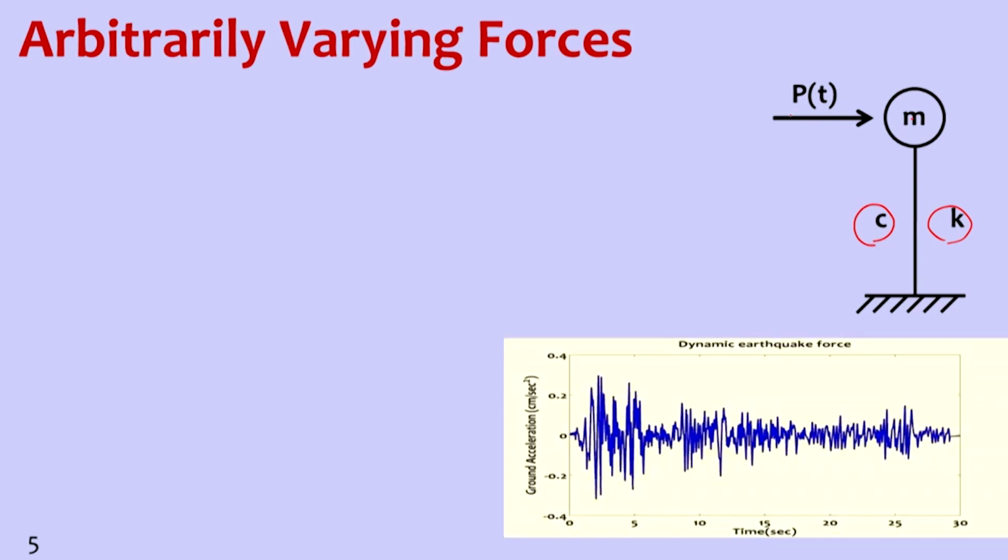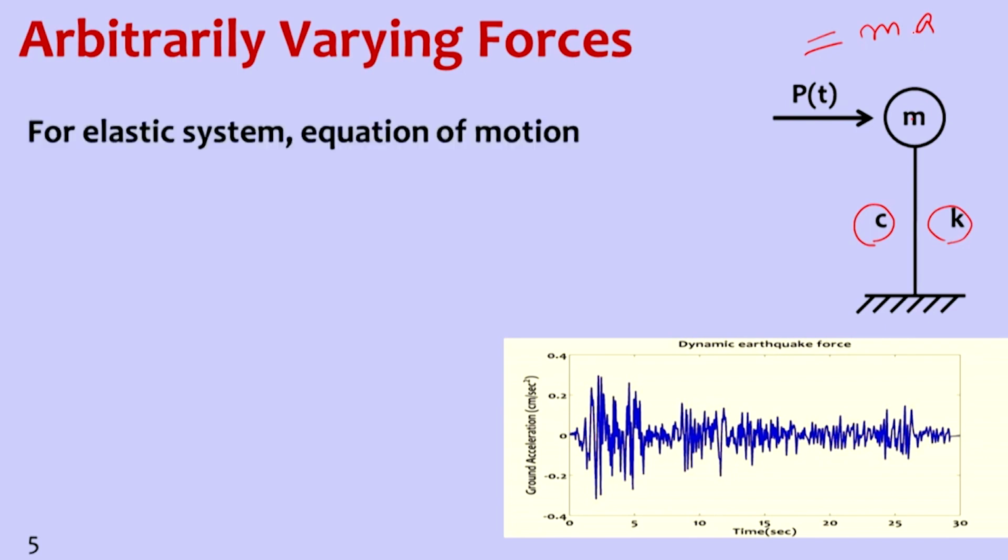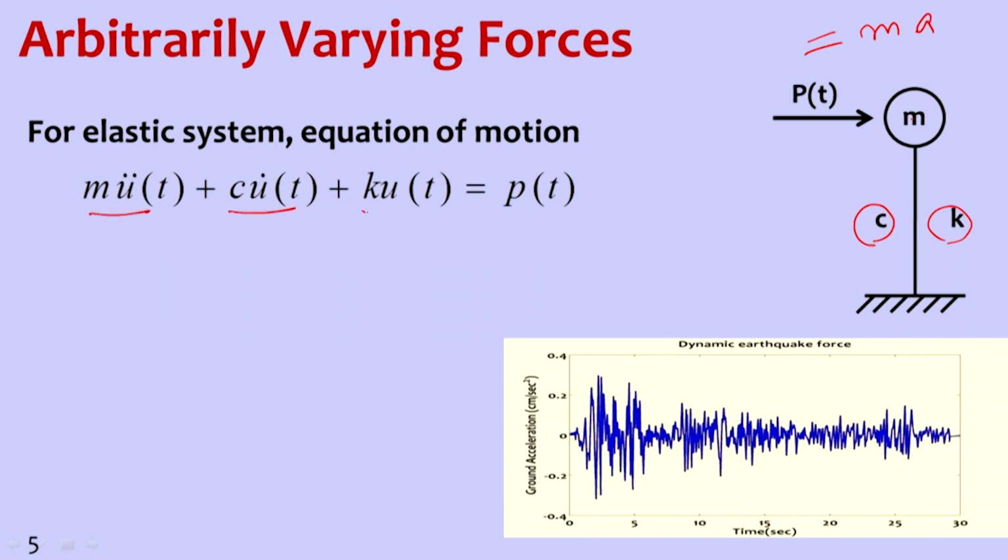If the force is in terms of ground acceleration, that force can be calculated as P is equal to mass times acceleration. If this random force is acting, how do we find the response? For elastic systems, the equation of motion will be m u double dot plus c u dot plus k u is equal to P of t.